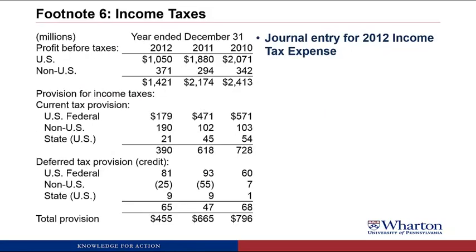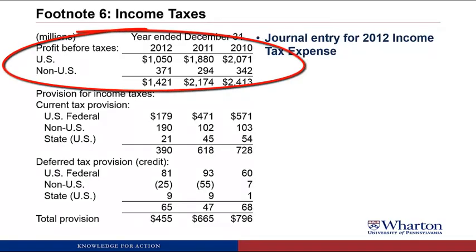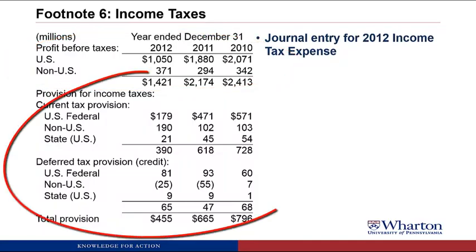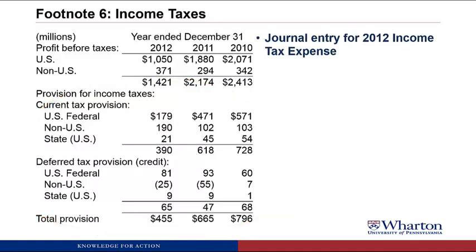So the next question we wanted to try to answer was, could we provide the journal entry for 2012 income tax expense for Moth Incorporated? So another part of the footnote shows first of all, the profit before taxes, the pre-tax profit for US and non-US subsidiaries. But then the part that we're really going to focus on is the part below that, the provision for income taxes. Remember, provision is another word for expense.